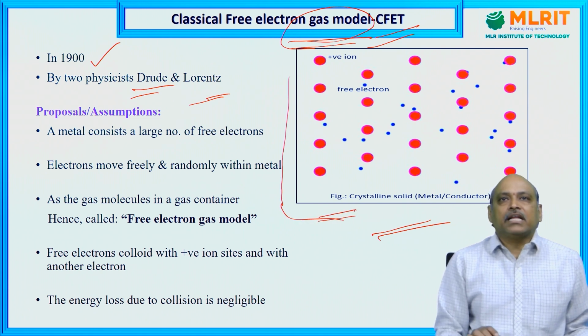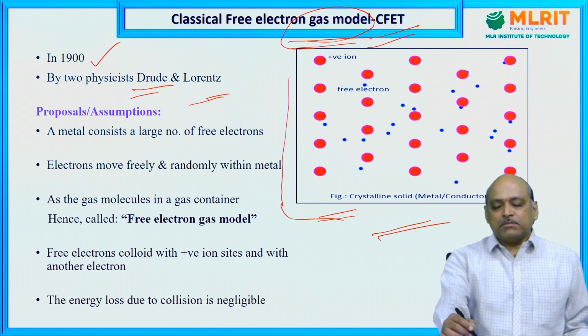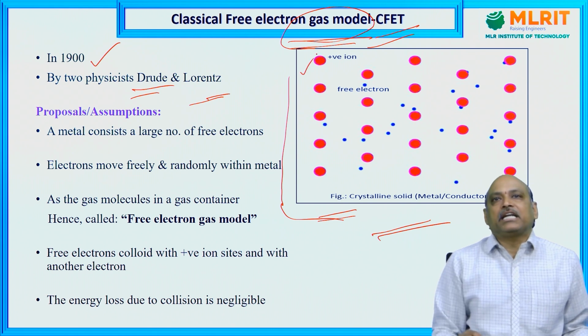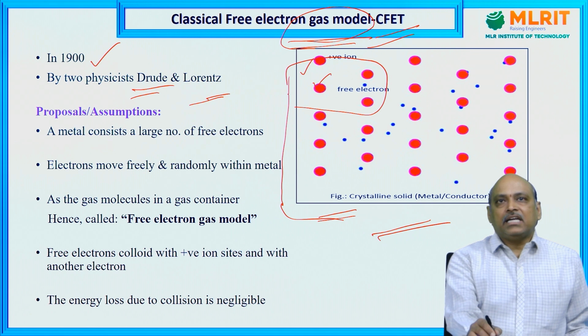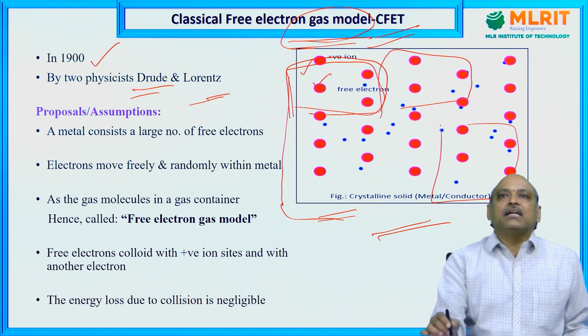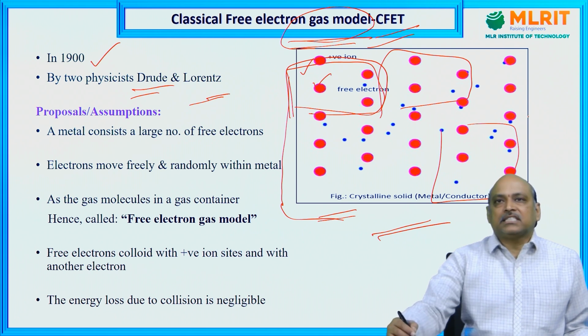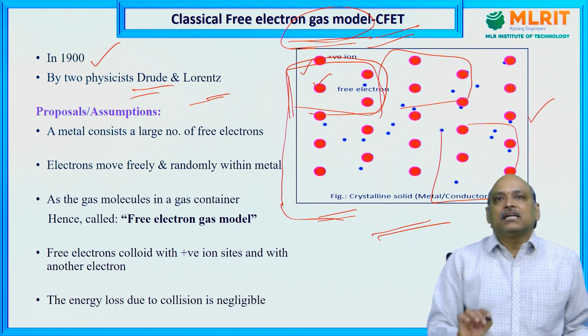Another property is that the pattern is repeated: how the atoms are arranged in one region, the same atomic arrangement can be expected in some other region within the metal.